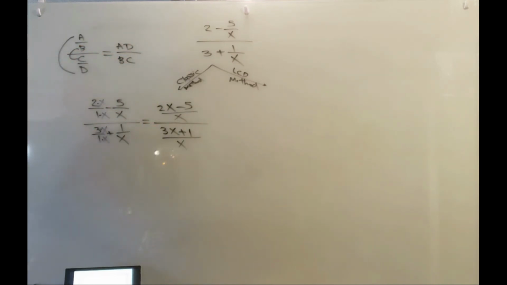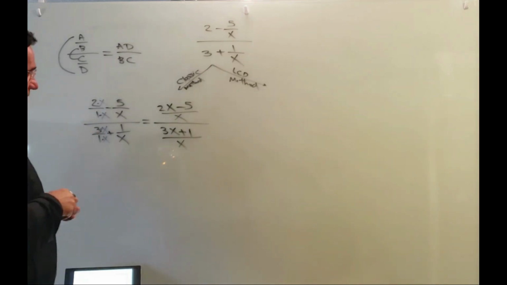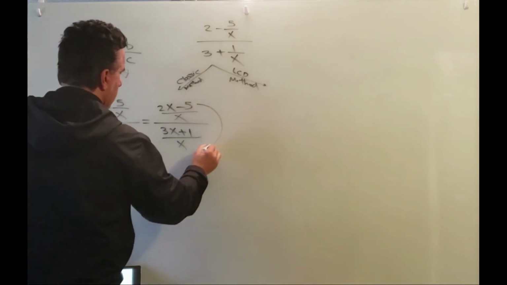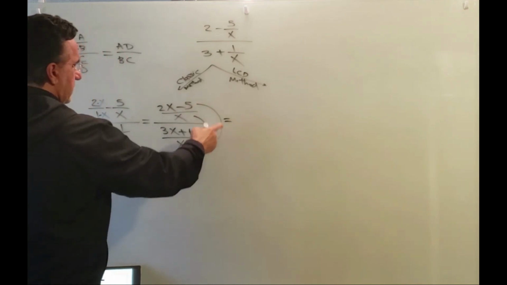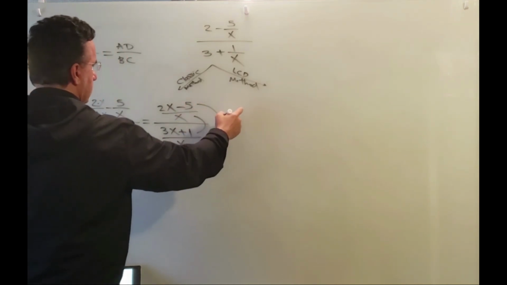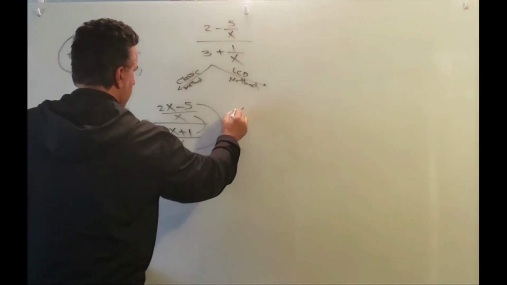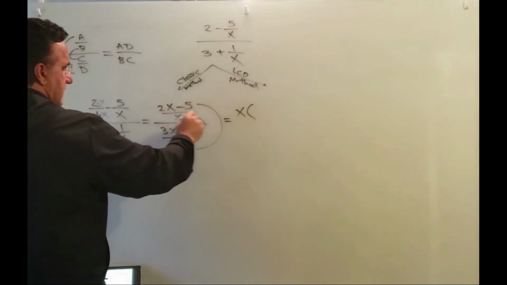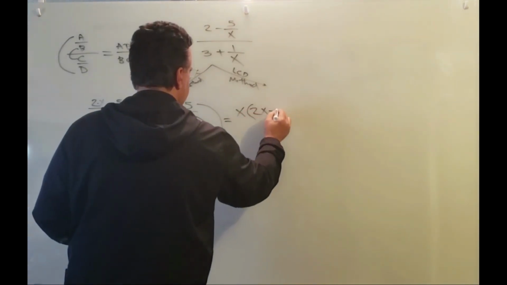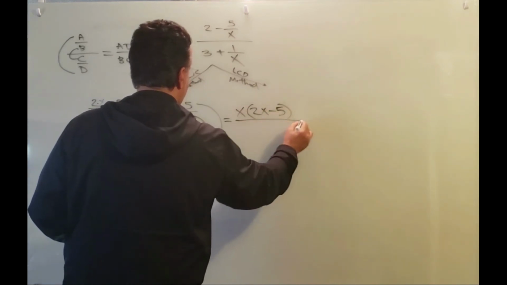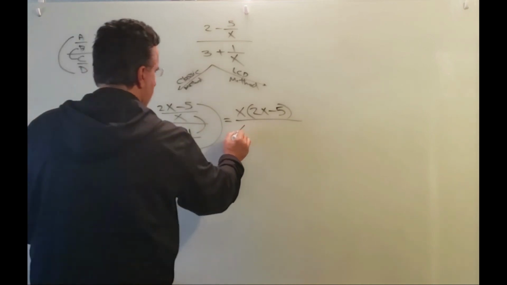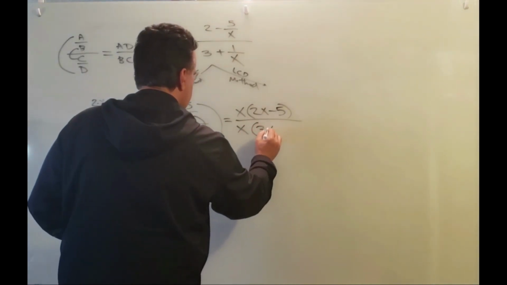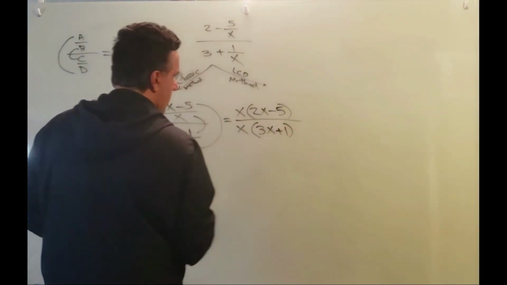So doing that with this complex fraction, we're going to get this product over this product. So the longer product, the farther product, goes on the top. So x, I'll write the monomial first, x times 2x minus 5, over the inner product, which is going to be x times 3x plus 1.